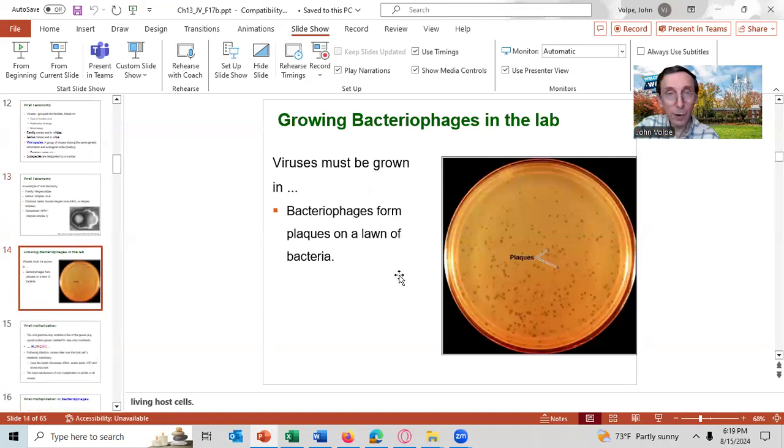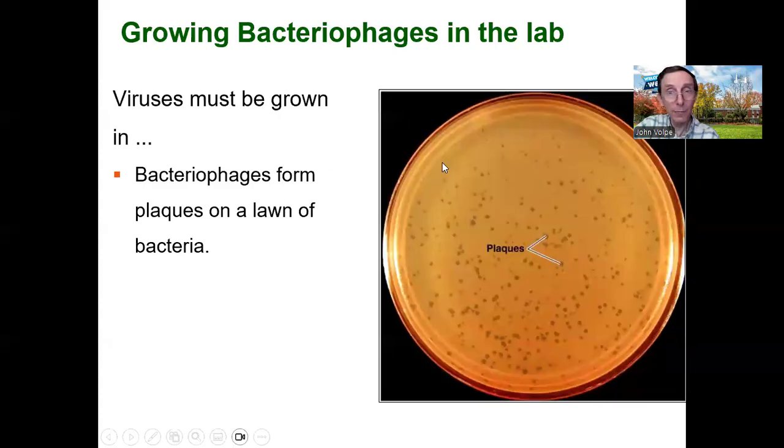All right, you can grow a bacteria virus called the bacteriophage in the lab. What you do is you just plate out the bacteria on an agar plate. Let me blow this up so I can show it better. And wherever the plate is whitish, that's from bacteria growing in a lawn, meaning the bacteria growing everywhere.